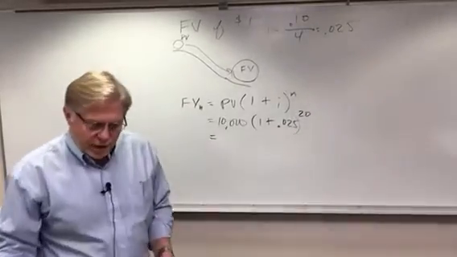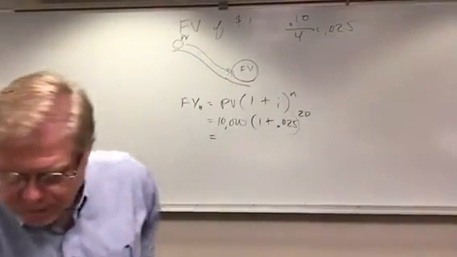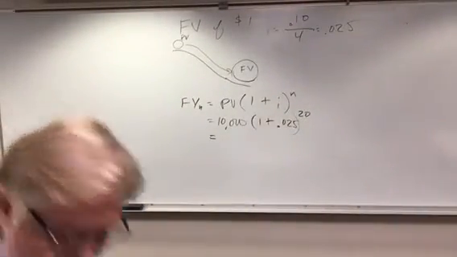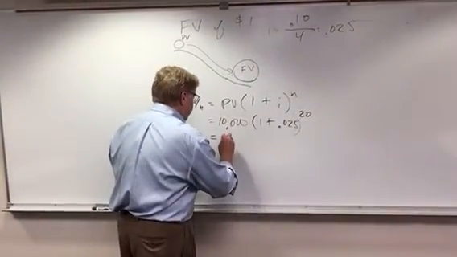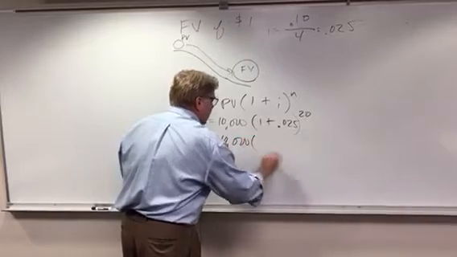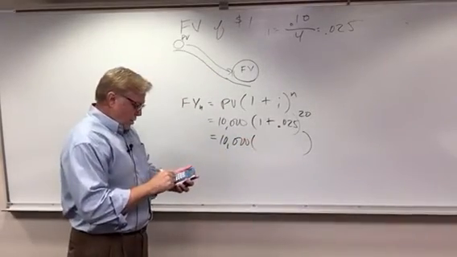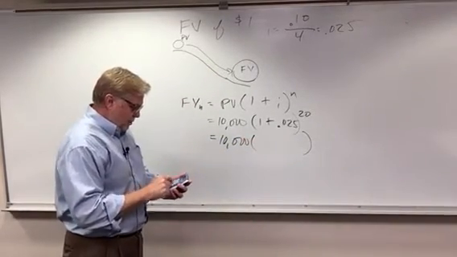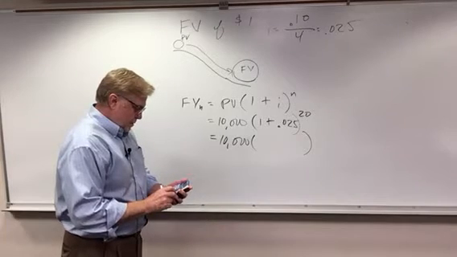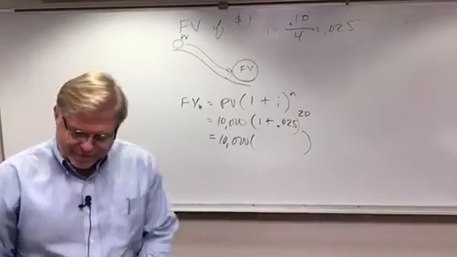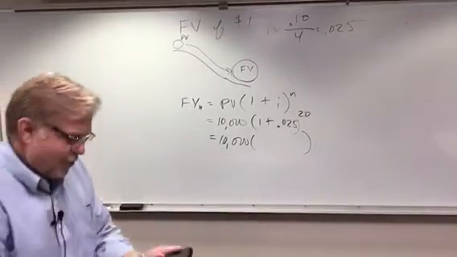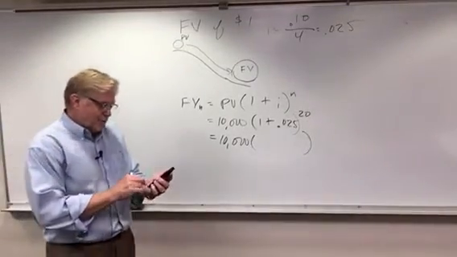And so we need now to calculate the value of this factor here, and that is 1.025. And this cheap calculator that I've got doesn't give me that value. I've got to use my calculator on the phone here.